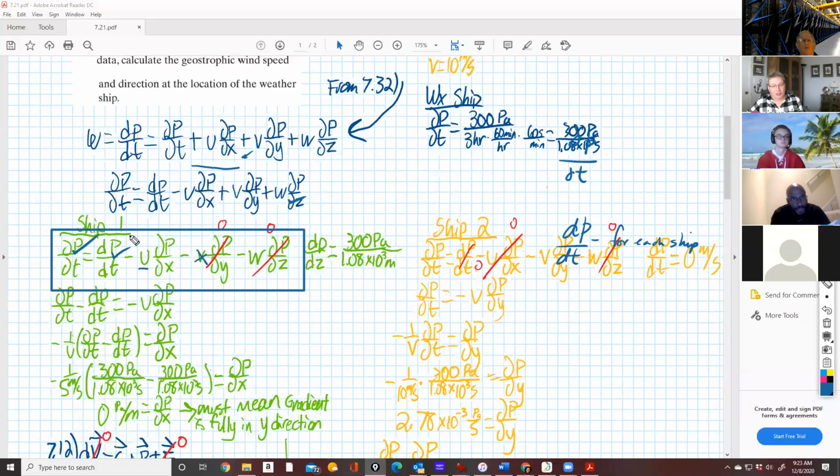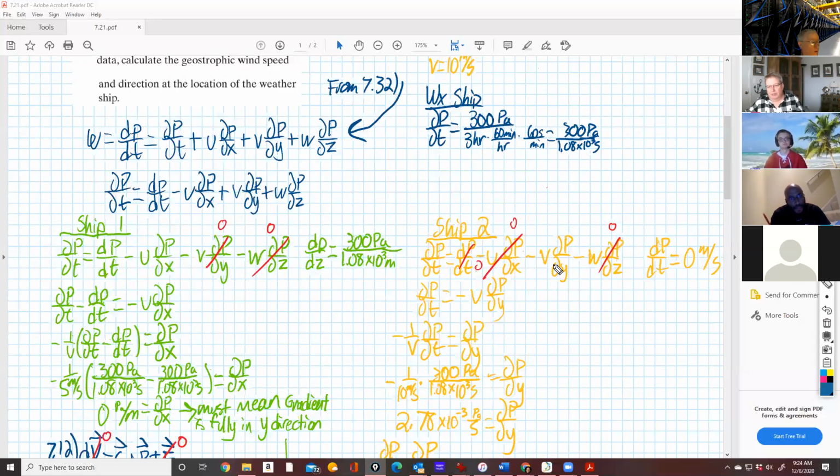V for this first ship is 0, and the ships are not moving up and down, which is good. So all you do is, this is an algebraic problem at this point. The total derivative is definitely calculus, but the work is algebraic. Then we do the same thing for ship 2.